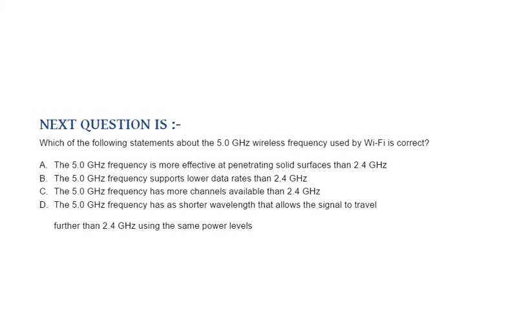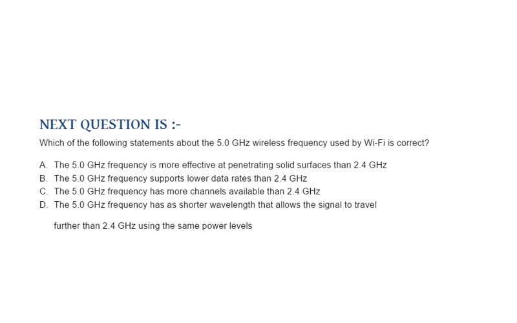Question is which of the following statements about the 5.0 GHz wireless frequency used by Wi-Fi is correct? Option A. The 5.0 GHz frequency is more effective at penetrating solid surfaces than 2.4 GHz. Option B. The 5.0 GHz frequency supports lower data rates than 2.4 GHz.